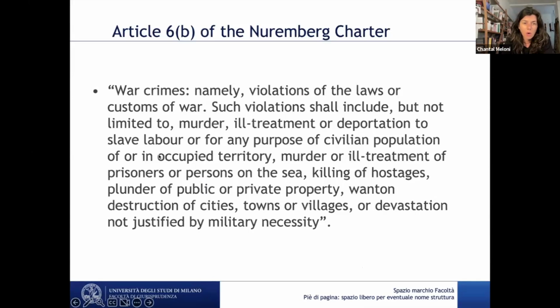in or in the occupied territory, murder or ill treatment of prisoners and persons on the sea, killing of hostages, plunder of public or private property, wanton destruction of cities, towns or villages, or devastation that is not justified by military necessity.